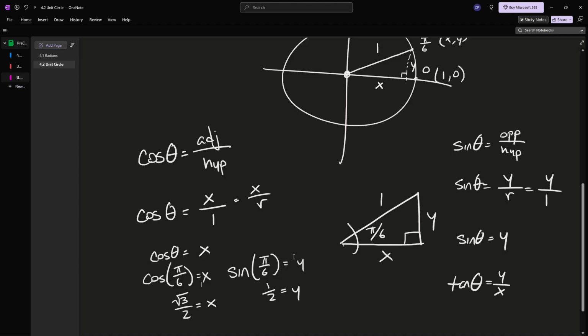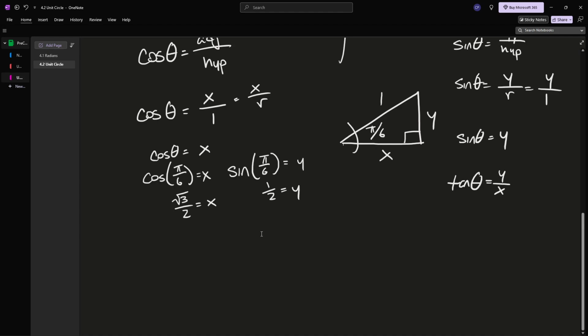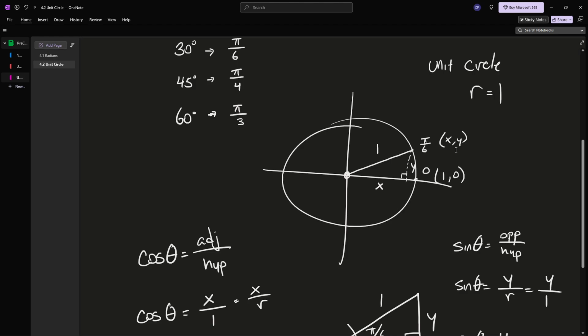Calculators might only give 10 decimal places, and this is exact to the infinite amount of decimal places. So since that's my x value, that's my y value, I would just go back over here, erase this, and see I'm at root 3 over 2, 1 over 2.